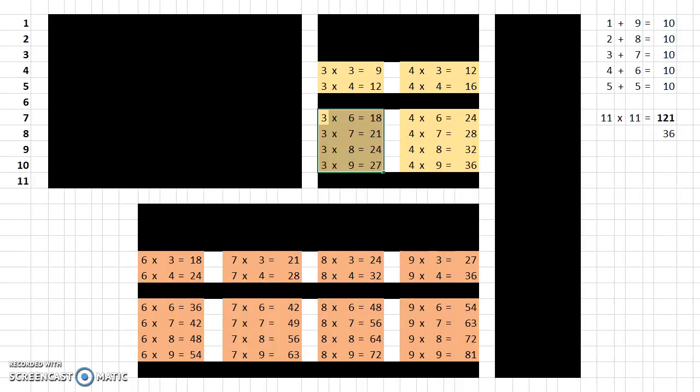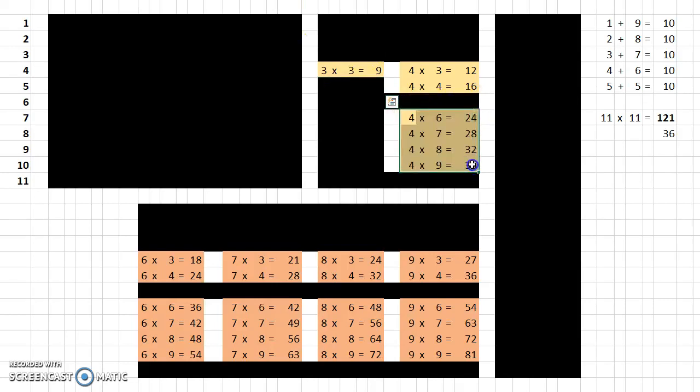So let's do that. 3 times 4 is also here in the 4 times table, so you can darken that out as well. And you can find 6 times 4 in the 6th table, and 4 times 7 in the 7th table, and 8 times 4 in the 8th table, and 9 times 4 in the 9th table. So we don't need those either.